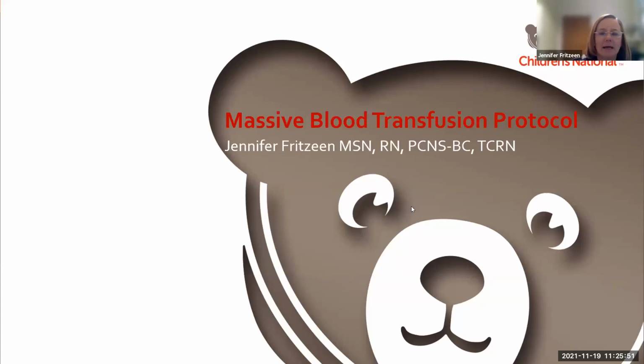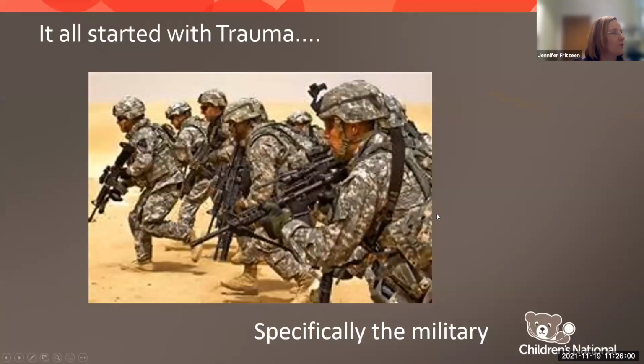All right, so next, I'm going to talk a little bit about massive blood transfusion protocol. Massive blood transfusion protocol basically all started with trauma, specifically in the military. I remember early in my career, and we won't talk about how many years ago that was, you gave blood, you gave platelets, you gave cryo, but there was really no rhyme or reason how we gave it, the composition, what we gave.